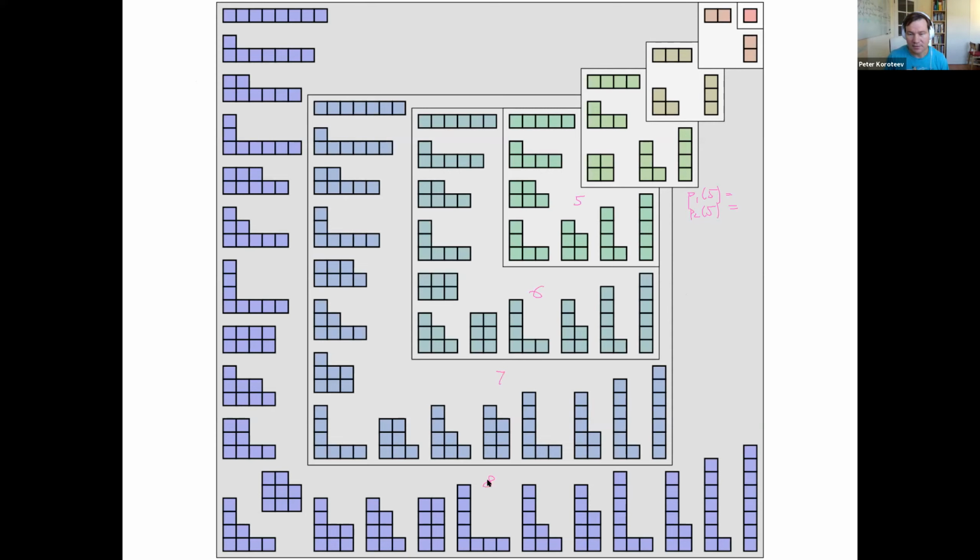It's probably better to do it on your own, not to clutter the screen, but you can annotate on the screen too, or we can just make a list. For example, for 5, you could make a sequence of pk of 5, and then put the numbers here, whichever way you like. Again, k in the index is the number of parts that a partition has.